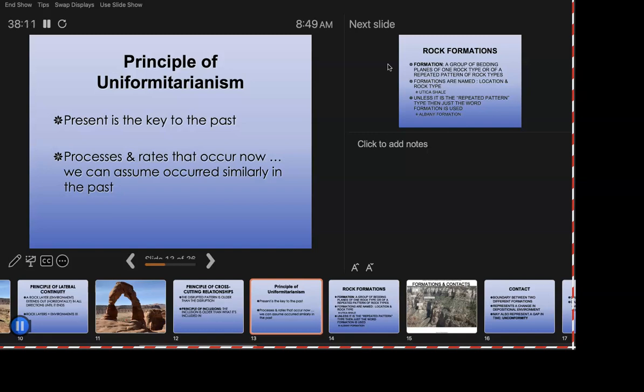So yeah, things have changed over the years, but would that change the laws of physics and stuff? Or what are you getting at, I guess? Well, I'm saying, can we assume that processes and rates that occur now have always occurred at the same rates? Is that a safe assumption?